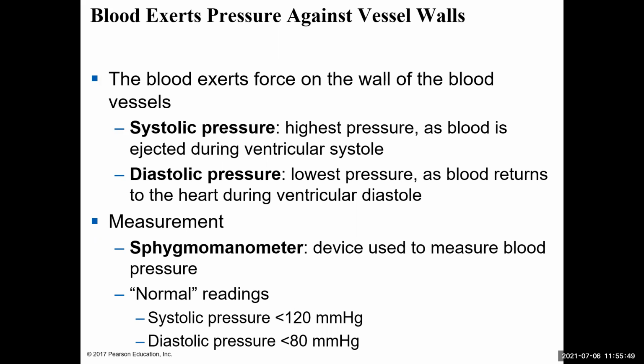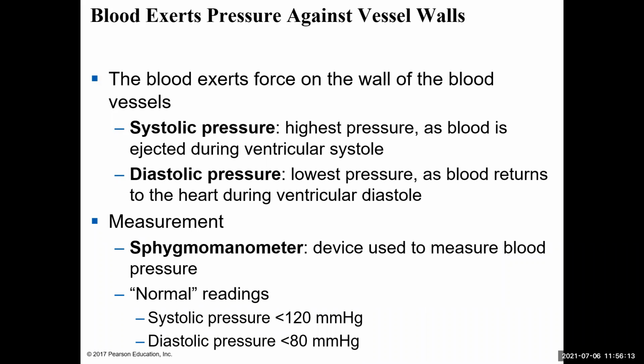That contraction and pushing of the blood exerts a pressure, a force on the walls of those blood vessels. Now, that pressure is stronger in the arteries versus the veins because the arteries are where the blood is coming out of the heart. So that initial pressure is strongest there.